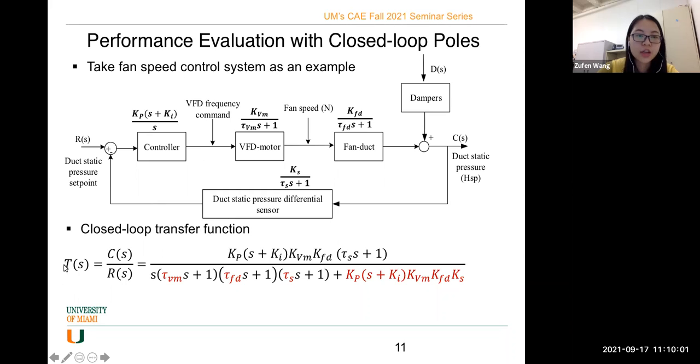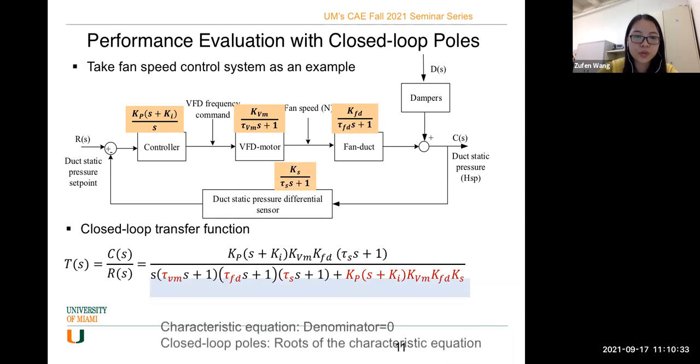The closed loop transfer function is the ratio of the control output to its input. We have this closed loop transfer function. We can see that once given the input, the output can be determined by the closed loop transfer function, and also the controller and the three components will all impact the denominator of the closed loop transfer function.